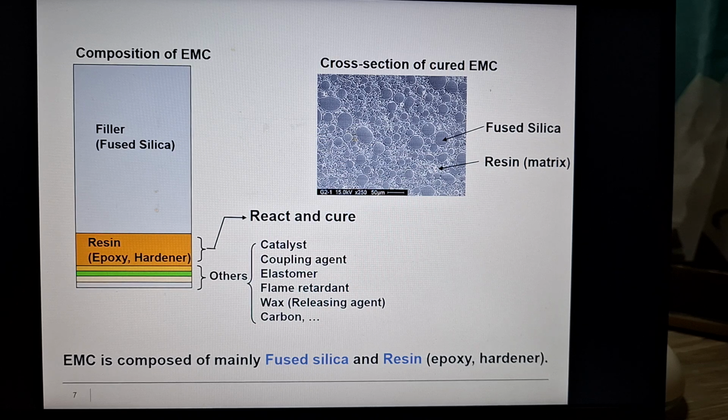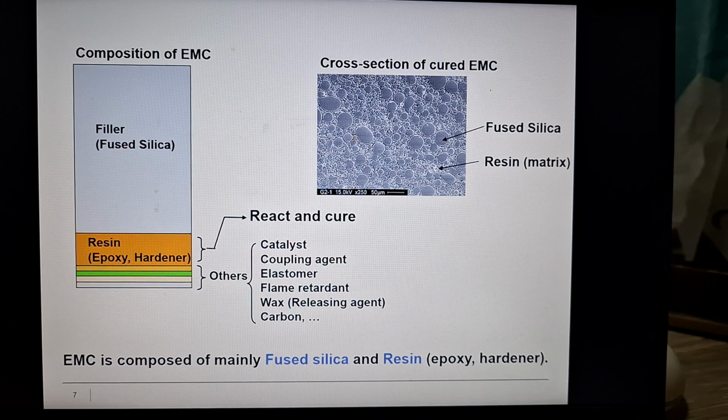So on the right side, you can see the cross-sectional view of an actual EMC. You can see those are pure silica, and in between is the resin matrix. The resin helps to connect this silica together to make it a compound to form a solid material.